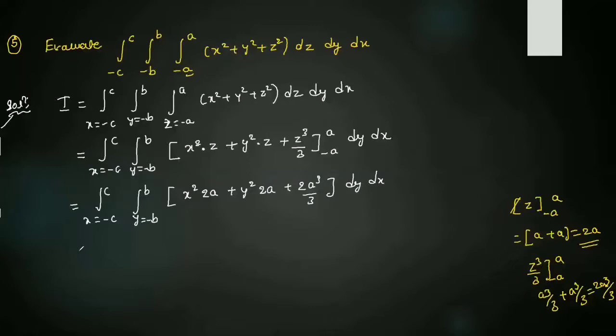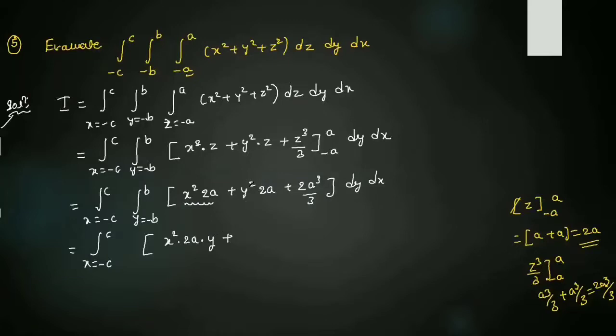Now next we have to integrate with respect to y. What is the integration of the first term? Is there any y term here? No. So it is a constant term. If it is a constant, we have to multiply by y: x square 2a are constant terms, so we multiply y.